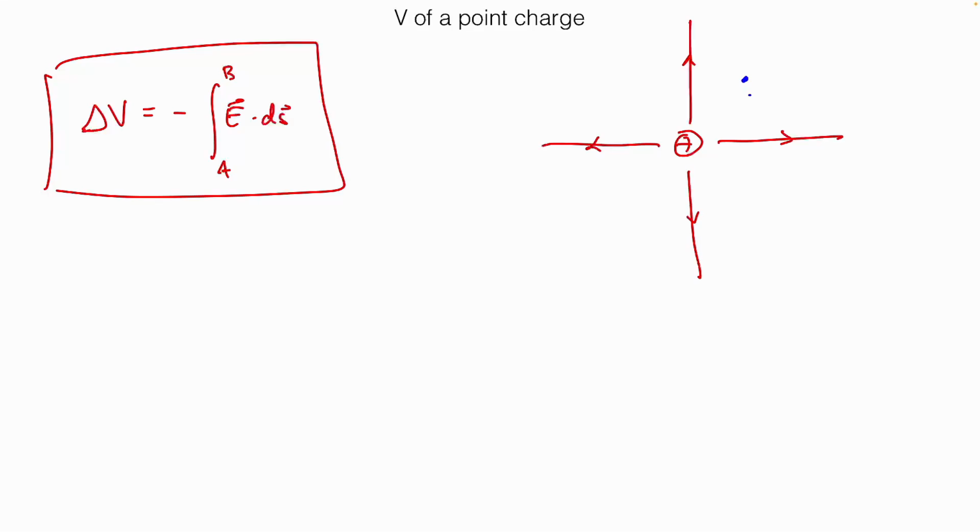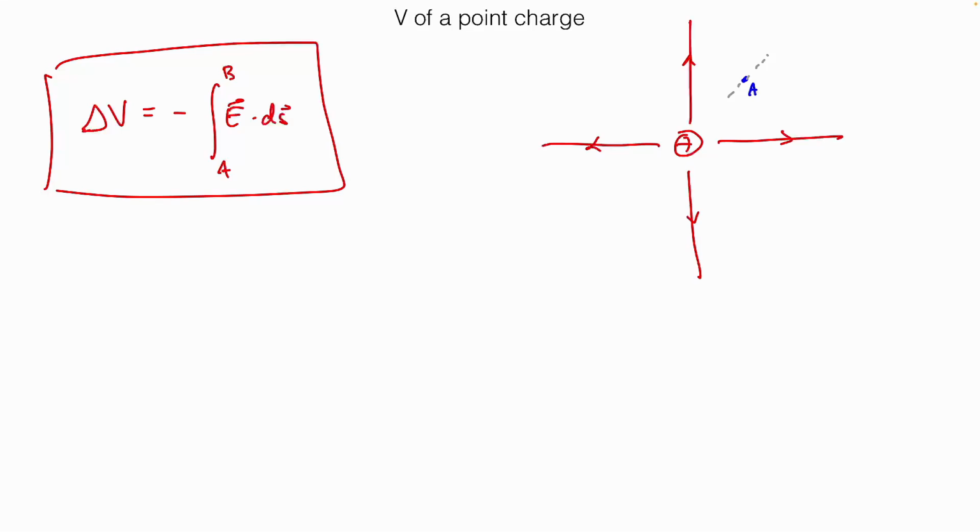And if I want this point and that point, and I want to know the potential difference between them, then I want to integrate and pick off the parts of the fields that are pointing in those directions, and this integral will work itself out. At least we're going to trust that it will work itself out.